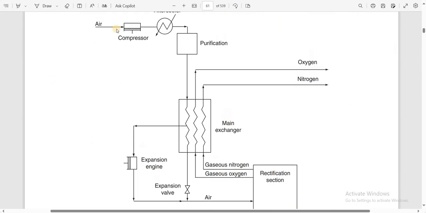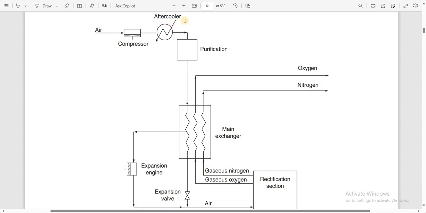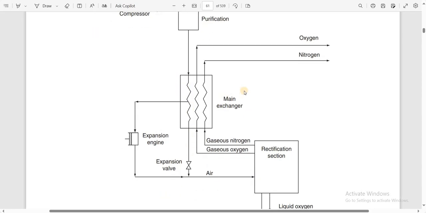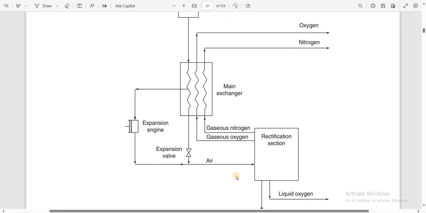Okay, so from here the compressor, then here the after cooler, purification is done, to the main exchanger, from where the expansion engine and expansion valve take over. From here the air is taken to the rectification section, from where gases, oxygen and nitrogen, are taken out.